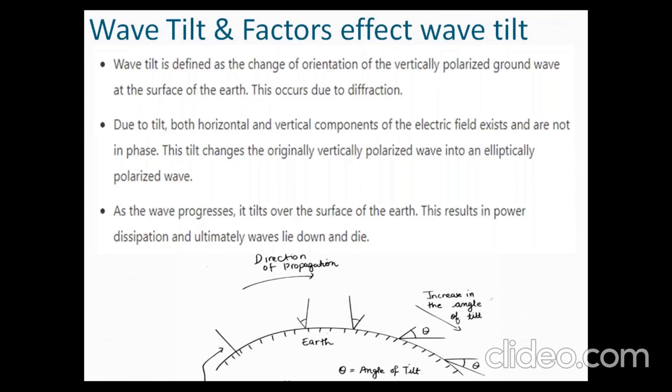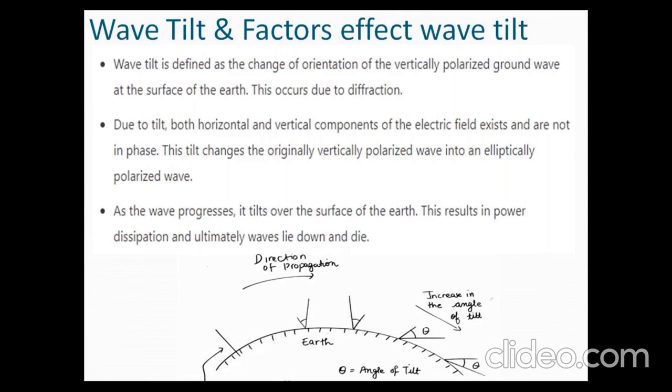So ground wave propagation should be done using only vertical polarization. What is vertical polarization? If you all remember, if the electric field is perpendicular to the propagation of the signal, then it is called vertical polarization.